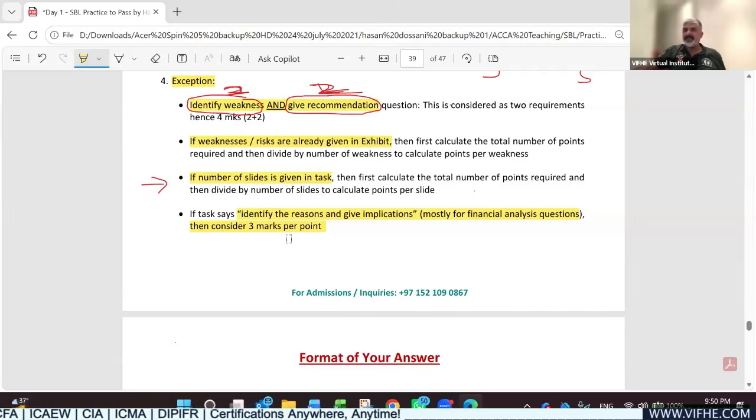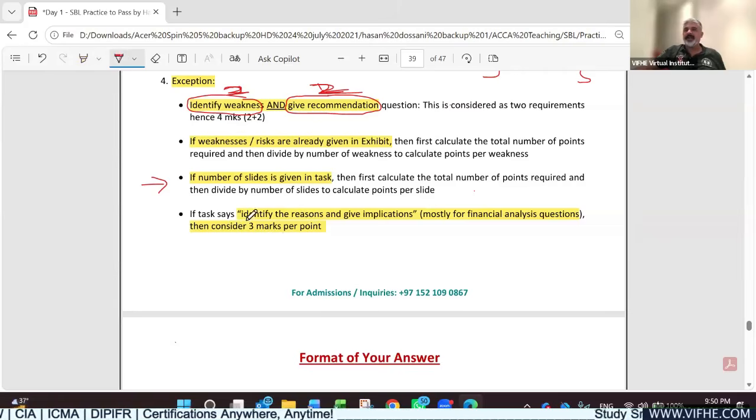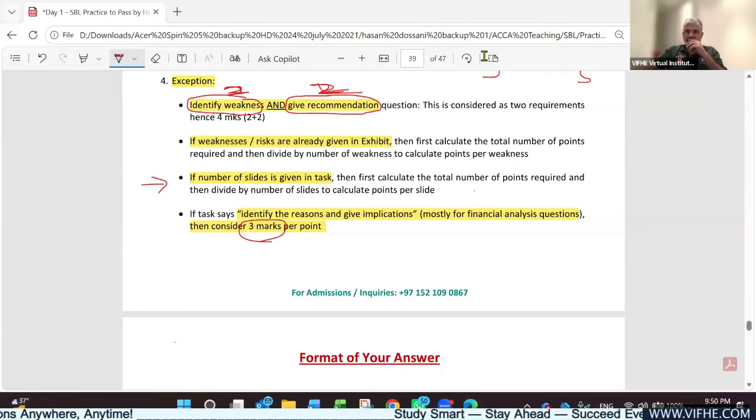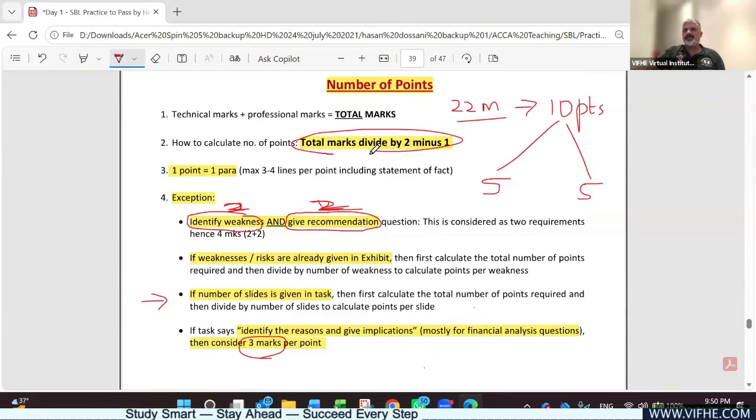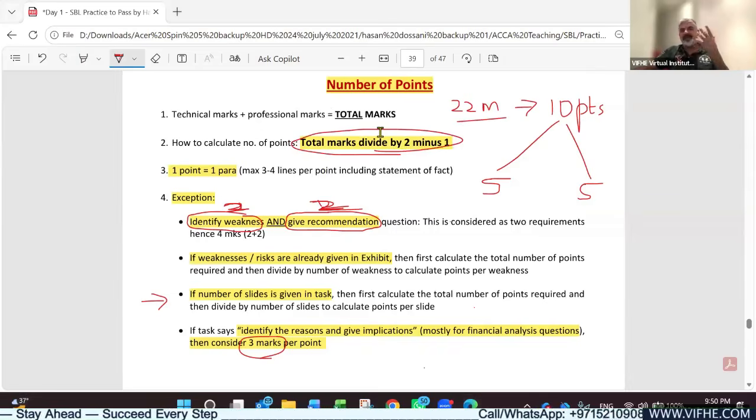For this kind of question, I will follow 3 marks per point rather than 2 marks per point. All right, but the main rule is this one: total marks divided by 2 minus 1. There are few exceptions which we will practice once we start solving the past papers.